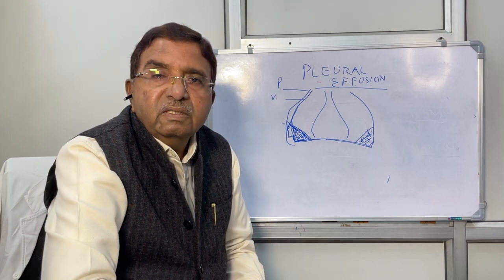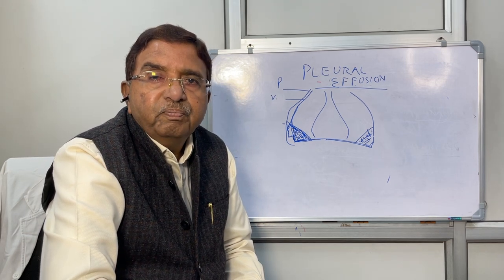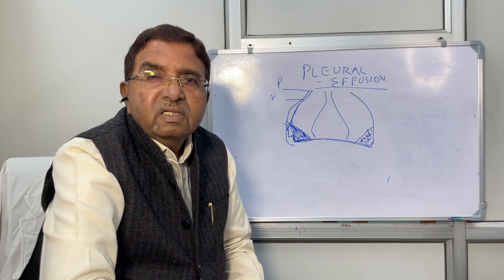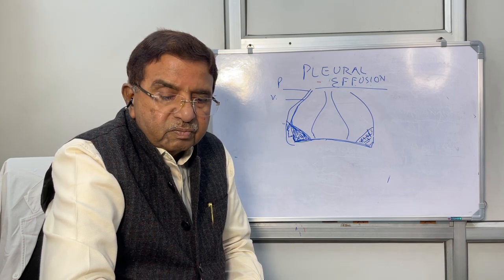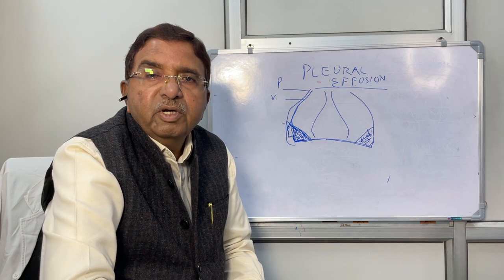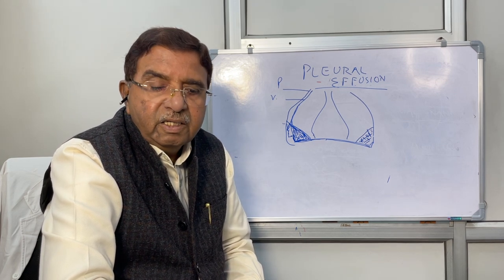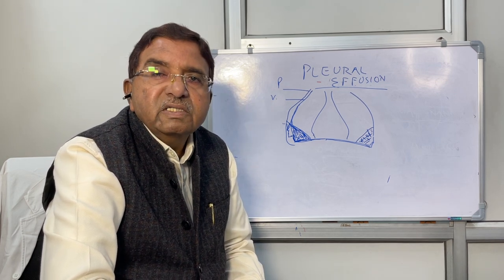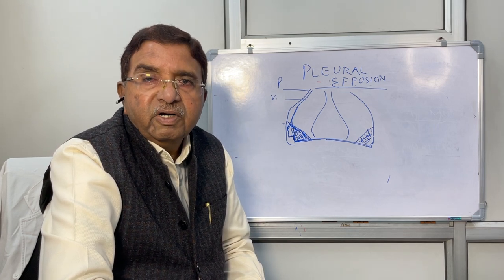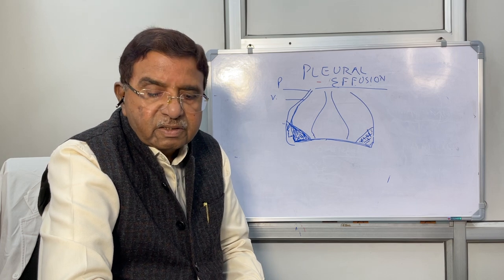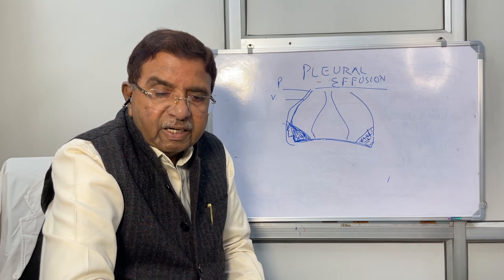Exudative pleural effusion is caused by different conditions like bacterial pneumonia, tuberculosis, then collagen disorders like rheumatoid arthritis, SLE, then disorders of adjacent structures like lobar pneumonia, amoebic liver abscess, pancreatitis, neoplasms, etc.